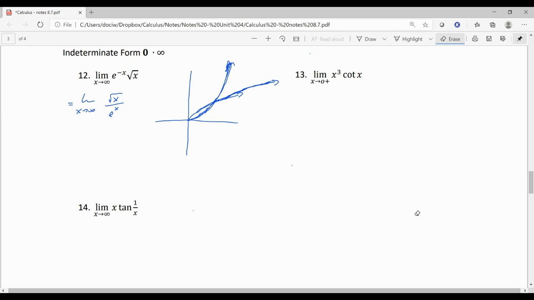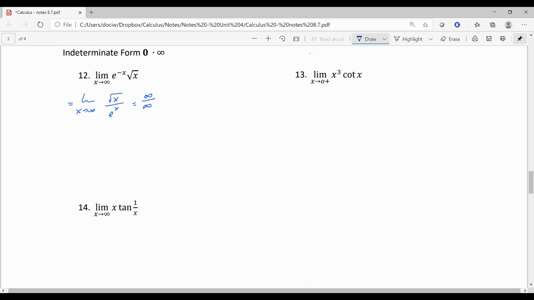So that should give me an idea of what to expect. My numerator is going to be getting larger. My denominator is going to be getting larger, but my numerator, the square root of x, will be getting larger at a slower rate.